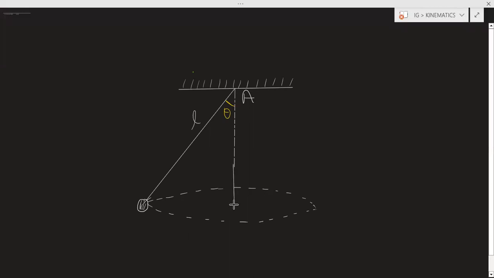So this will be the center. Basically this mass is moving in a circular path like this, and one string is there. You have to find the time period of revolution of this mass m. We have to find the time period.